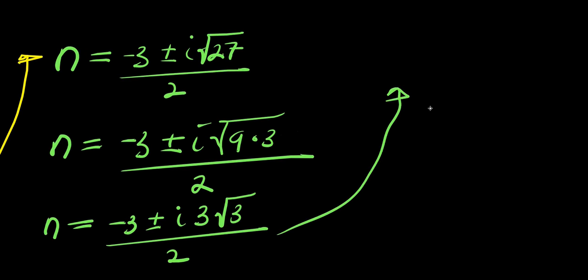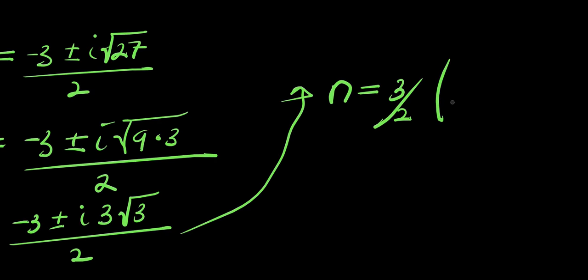So from here, you have n equals, we can factor 3 over 2, then you have negative 1 plus or minus i root 3.